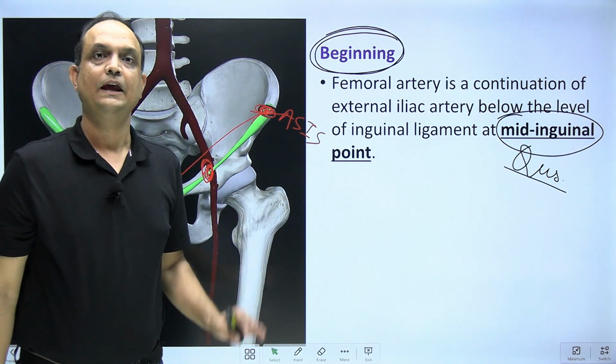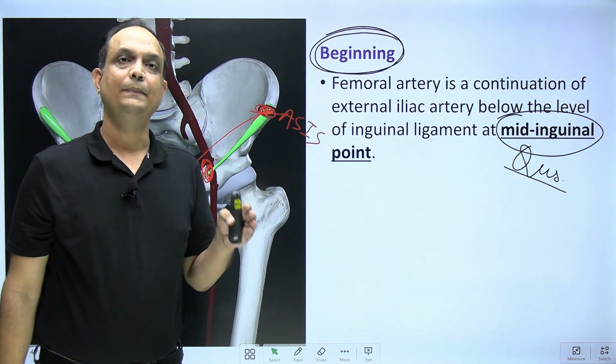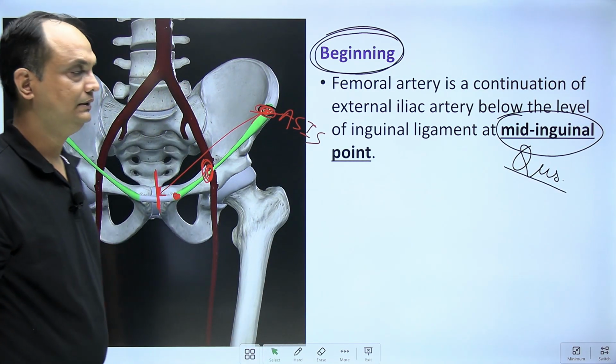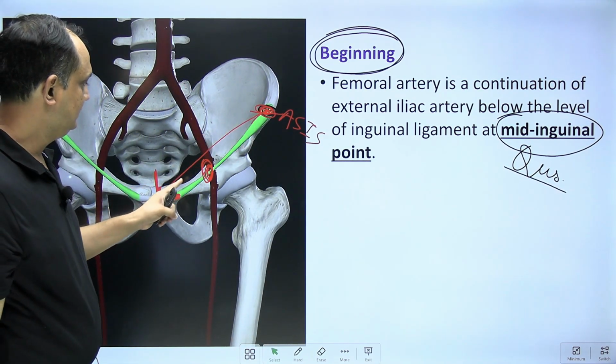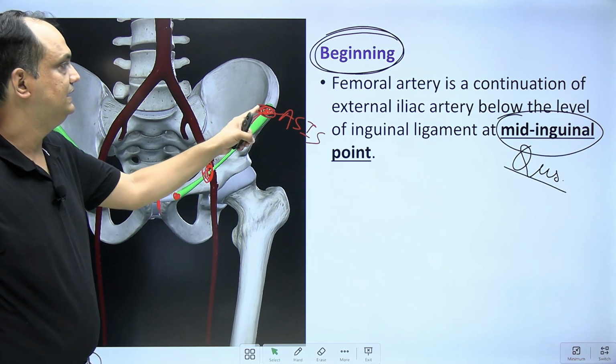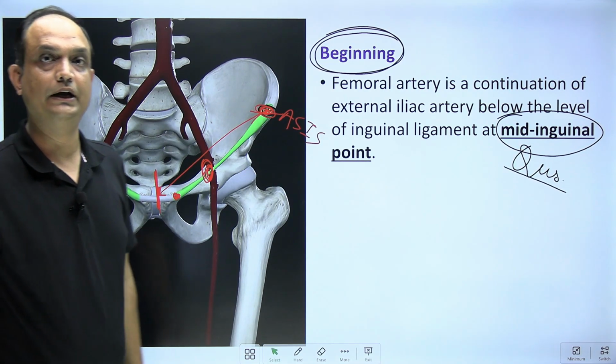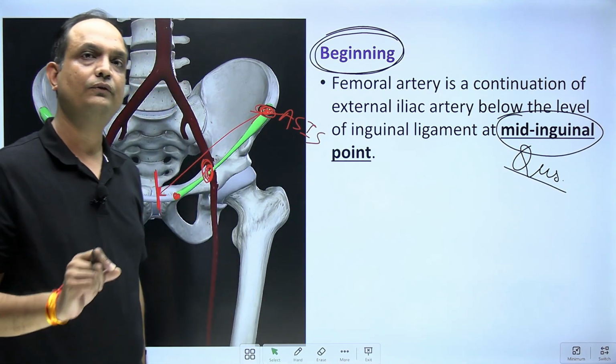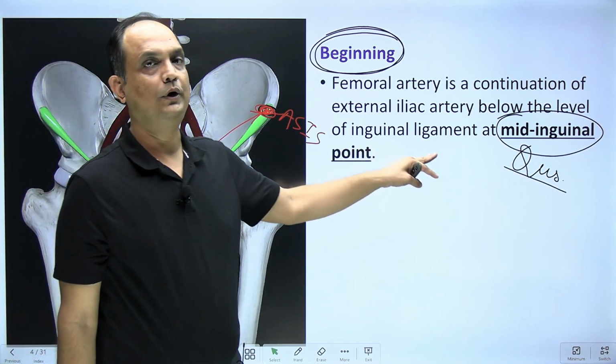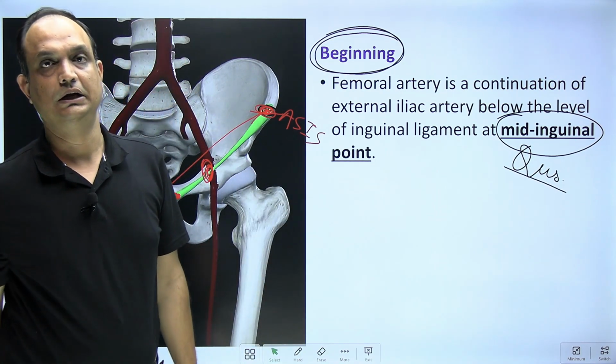Its midpoint is known as the midpoint of the inguinal region or mid-inguinal point. If you have the question midpoint of inguinal ligament, then you have to take the distance from ASIS to the pubic tubercle, and that is known as the midpoint of the inguinal ligament. So there are two different points: the mid-inguinal point and the midpoint of the inguinal ligament.